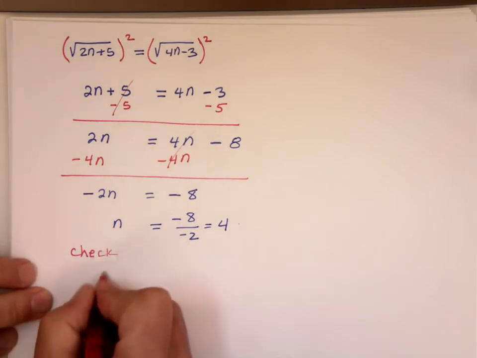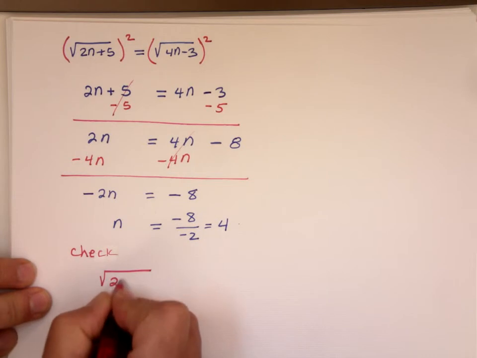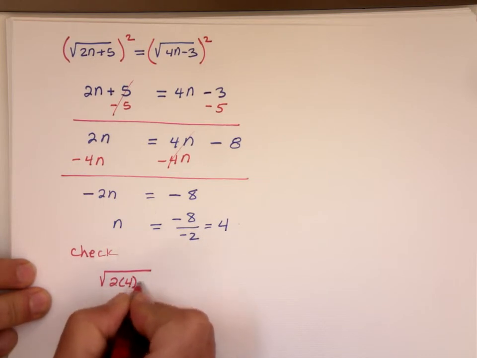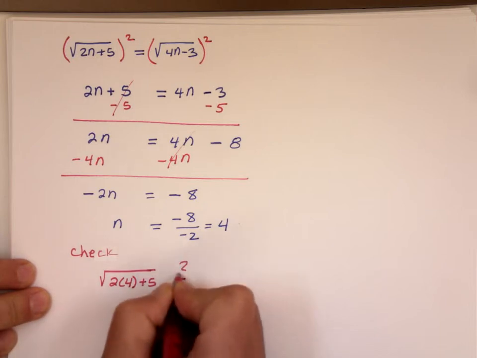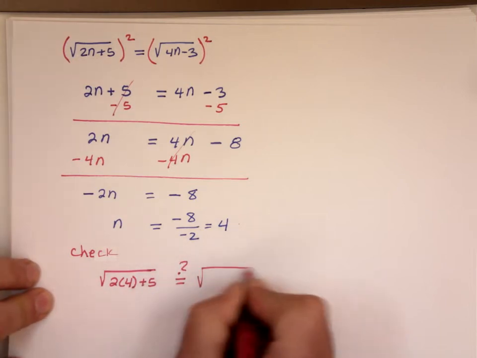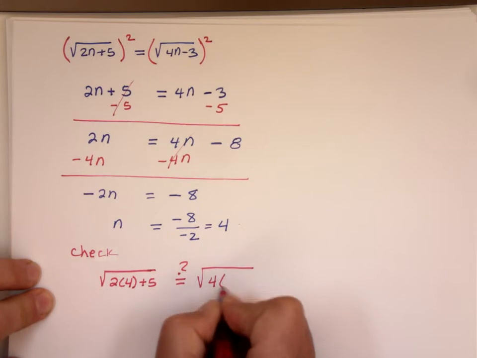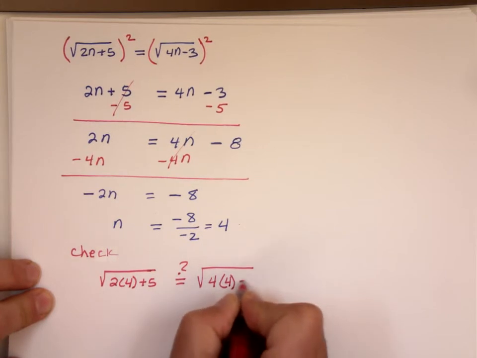The square root of 2n plus 5, where n is 4: 2 times 4 plus 5. Does that equal, I'm asking the question, does that equal the square root of 4 times n, n is 4, minus 3?